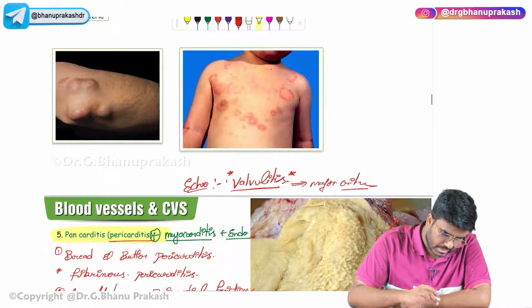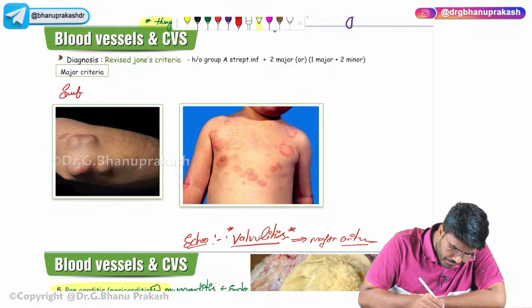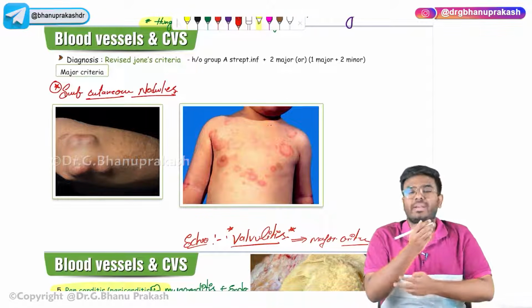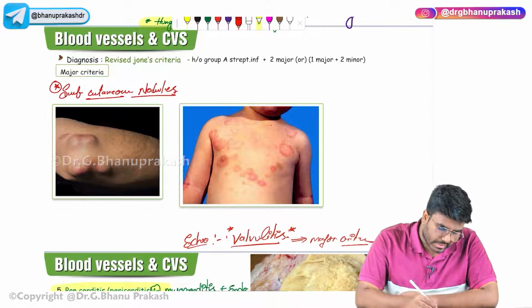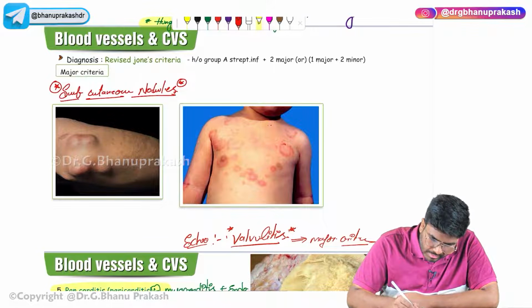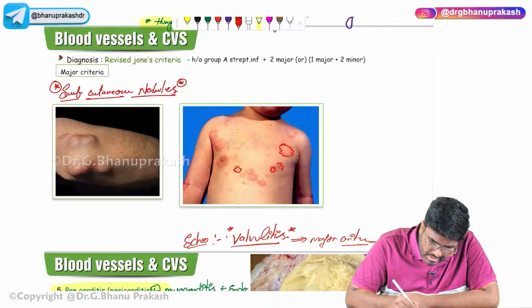Now, let's talk about them. Here you are looking at subcutaneous nodules. Because of the skin involvement, the antibodies are also attacking the N-acetyl glucosamine under the skin, which can lead to subcutaneous nodules, and the baby is also going to have a rash, especially in the margins.